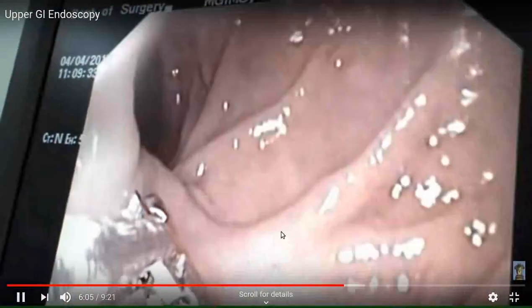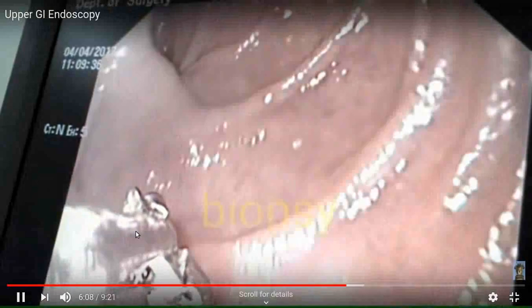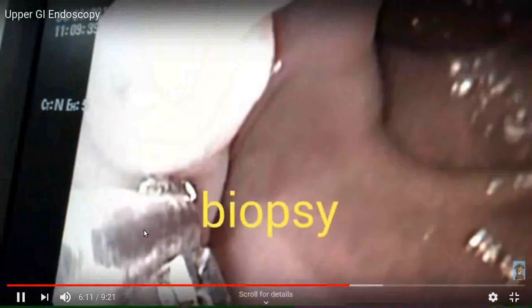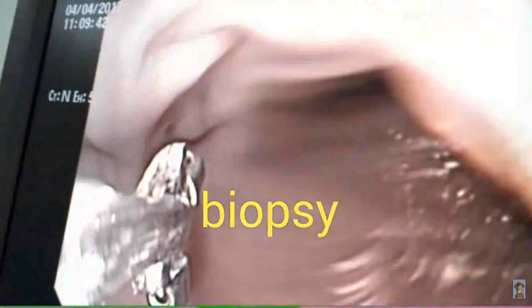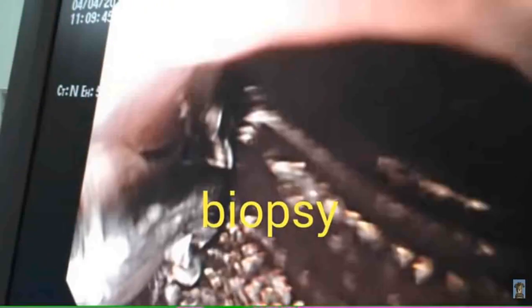So the scope is now in the stomach, and now it has progressed into the duodenum.